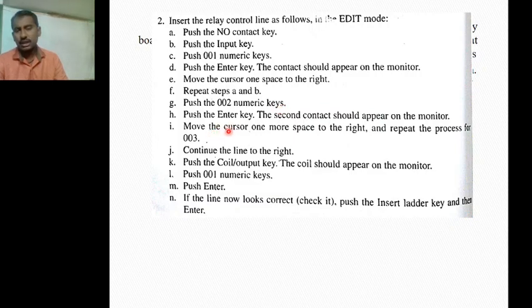Move the cursor one more space to the right, repeat the process for 003, and continue the line to the right, then push the coil or output key. The coil should appear on the monitor. Push 001 numeral keys and push enter. If the line now looks correct, check it, push the insert ladder key and enter.